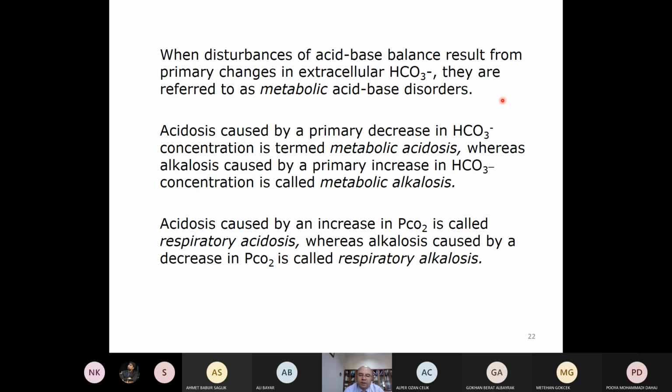So if blood bicarbonate level is affected, either increased or decreased, the event is metabolic. If blood carbon dioxide is increased or decreased, it is respiratory. Acidosis caused by an increase in carbon dioxide partial pressure is called respiratory acidosis, whereas alkalosis caused by a decrease in carbon dioxide partial pressure is called respiratory alkalosis.